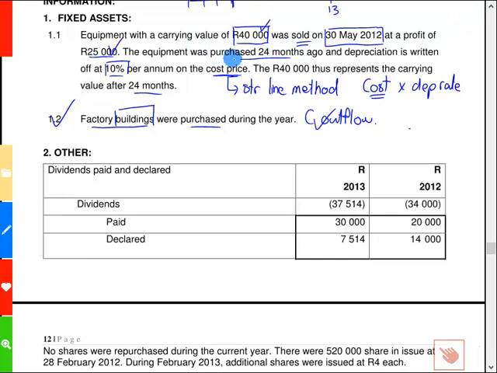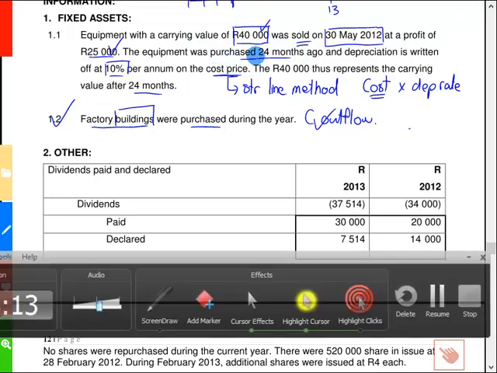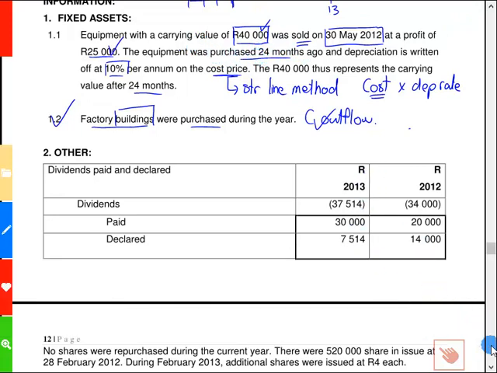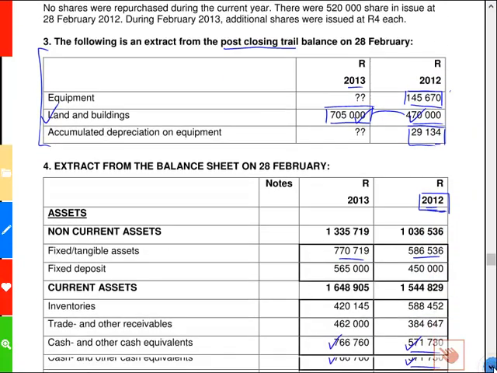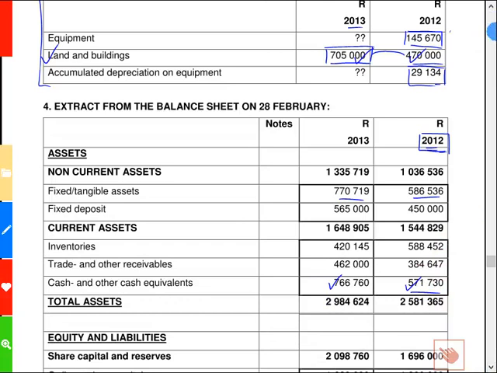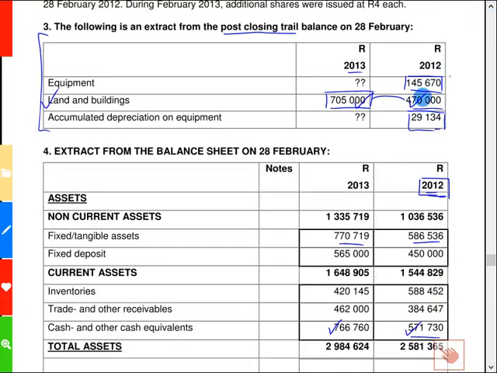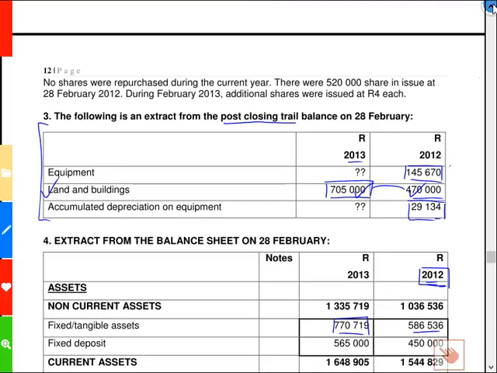So the equipment was purchased 24 months ago. So let's have a look. Our balance sheet says that our fixed assets went from 586 to 770. Let's go back to point number 1.